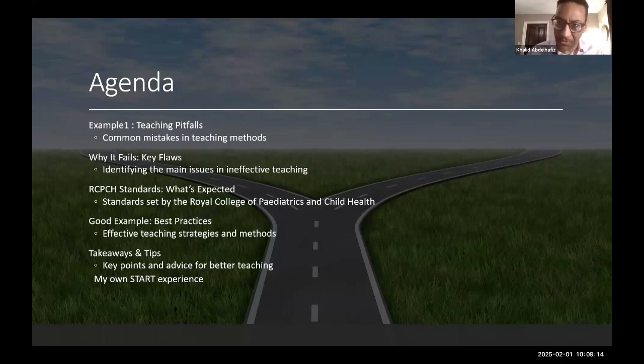Then quickly review the RCPCH standards and what assessment criteria the assessors will be looking at when assessing the candidates, do another quick practice exercise, and summarize at the end. And I can reflect on my own START experience and the example I had in my START.